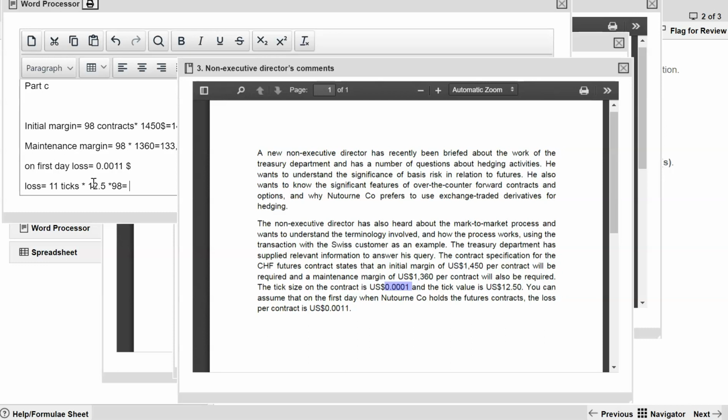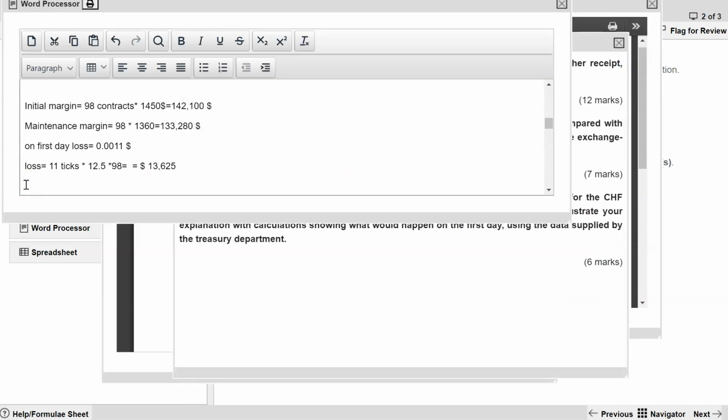So guys, the loss is $13,625, and your margin will be now 142,100 minus 13,625, which is now equal to $128,625.